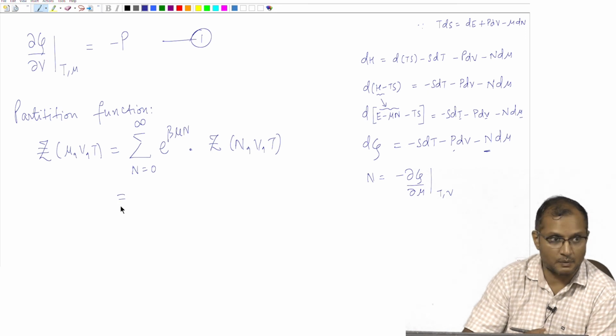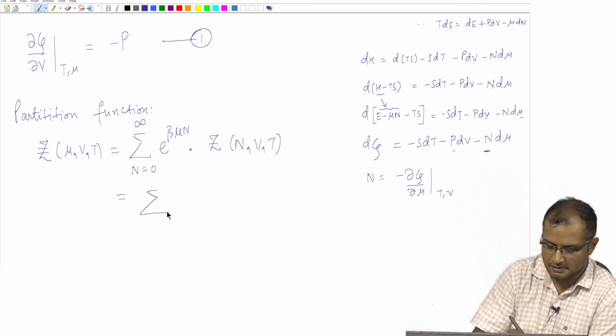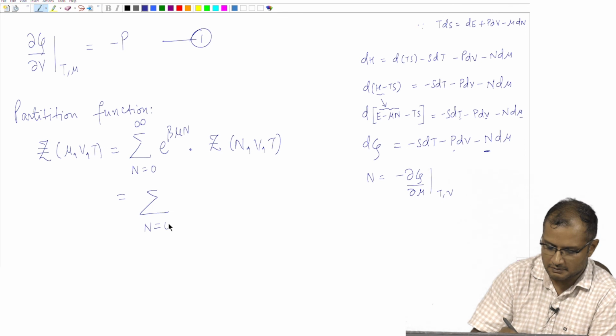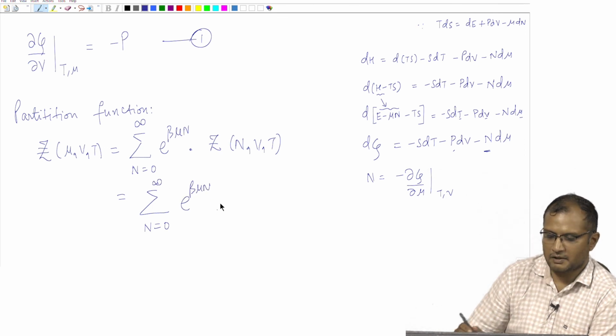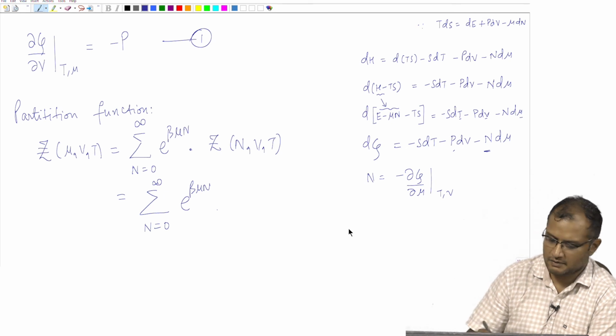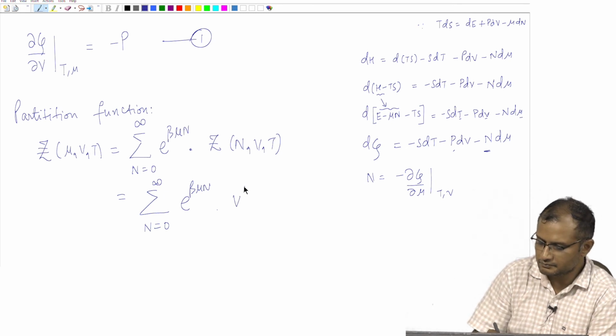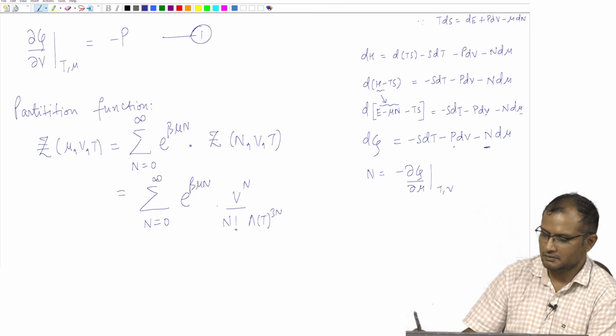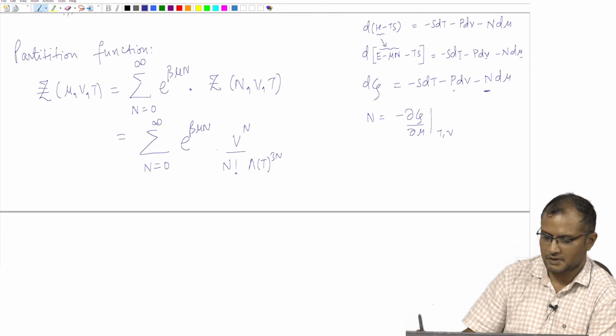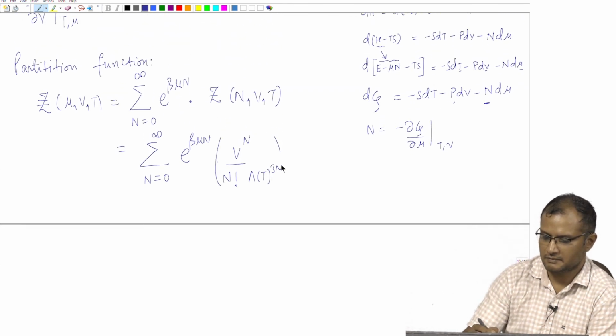So, why do we not use it straight away? The canonical partition function was just derived.